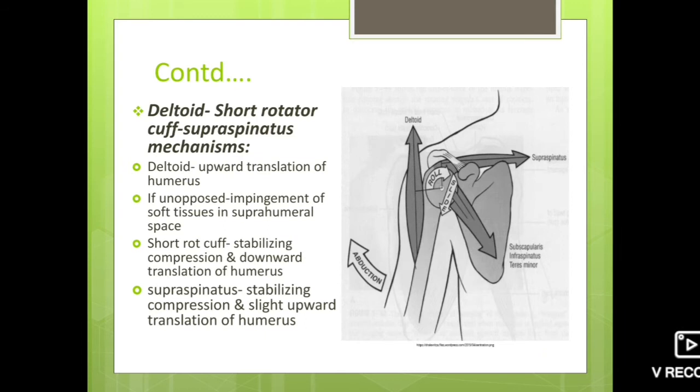Also, the dynamic stabilizers of the shoulder joint, that is the rotator cuff muscles and the deltoid, are very important to understand the role of these muscles to understand the pathomechanics behind impingement syndrome.